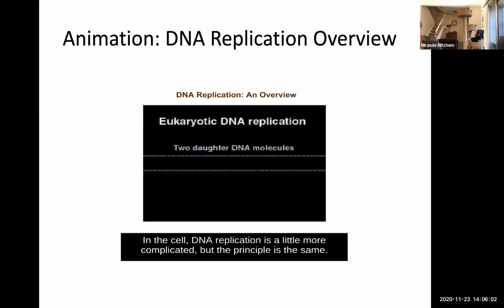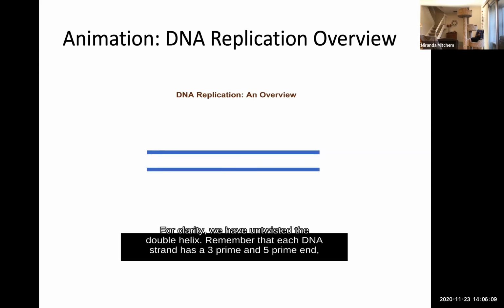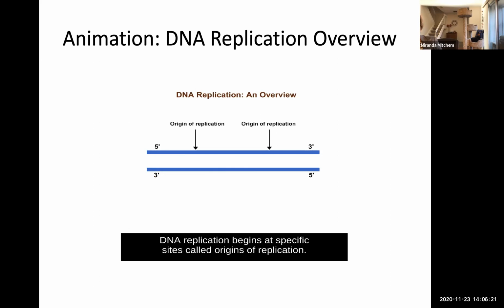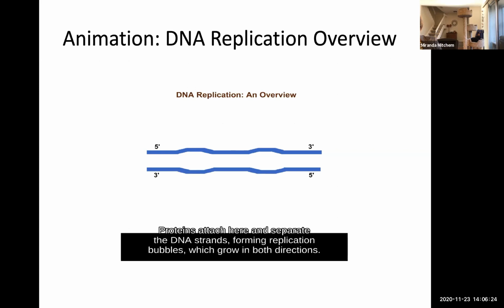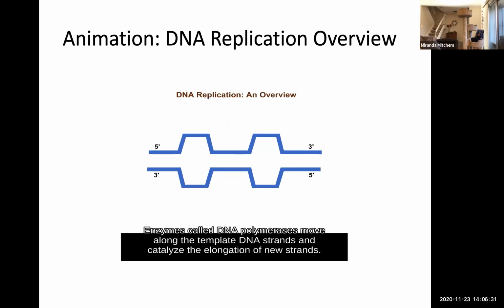In the cell, DNA replication is a little more complicated, but the principle is the same. For clarity, we've untwisted the double helix. Remember that each DNA strand has a 3' and 5' end, and the strands run in opposite directions. DNA replication begins at specific sites called origins of replication. Proteins attach here and separate the DNA strands, forming replication bubbles which grow in both directions. Enzymes called DNA polymerases move along the template DNA strands and catalyze the elongation of new strands.